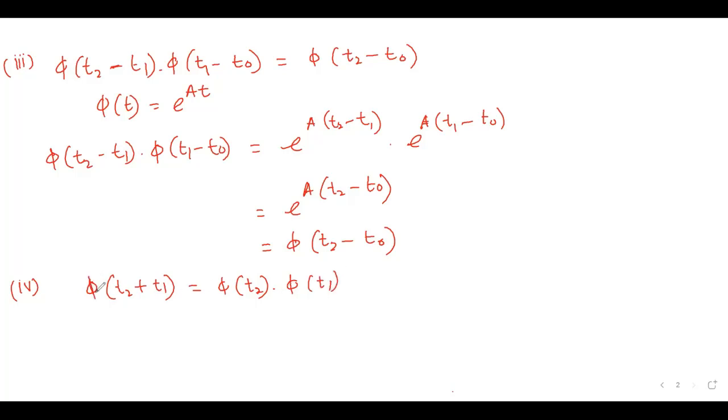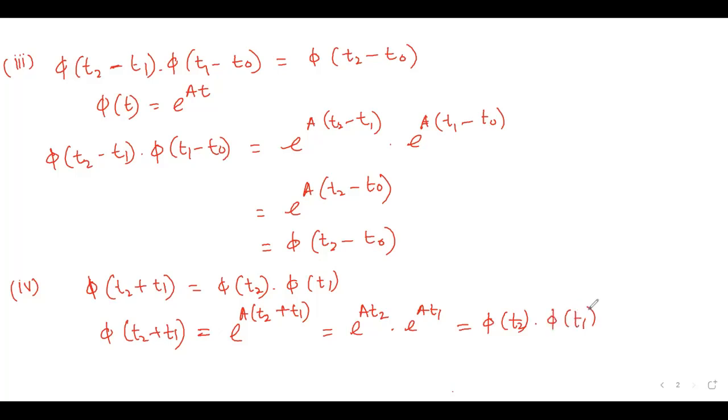You can just put the value: phi of t2 plus t1 is equal to e to the power A into t2 plus t1, that means e to the power A t2 into e to the power A t1, that means this is equal to phi of t2 into phi of t1. All right, so what did we learn?